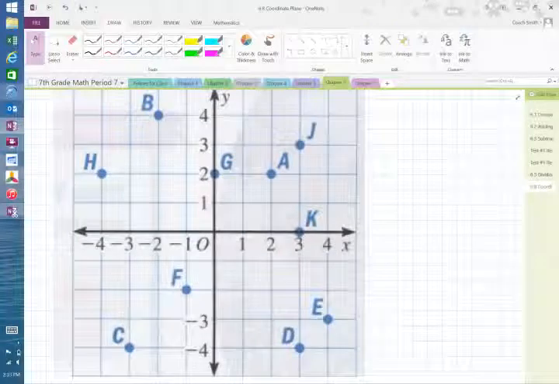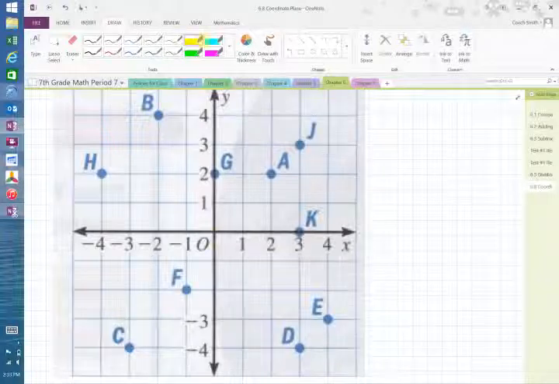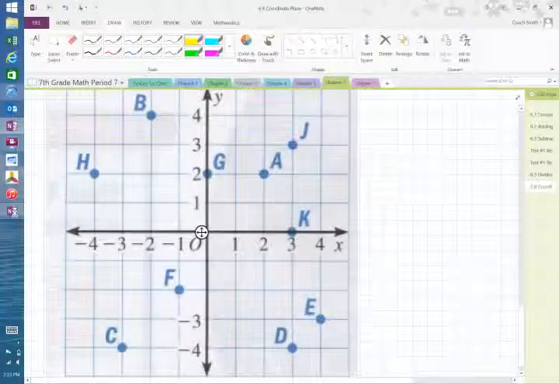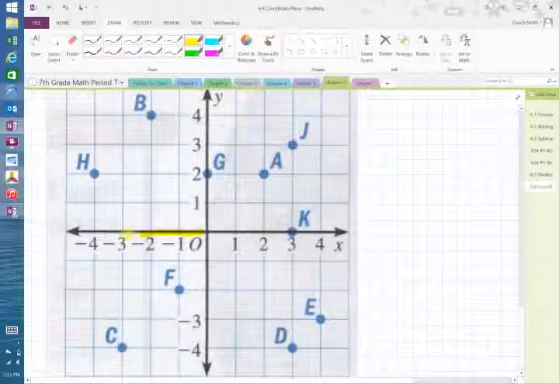Okay, for problem number 2, it says plot the point and describe the location. So -3 and 3. Okay, so -3 would be here, and then 3 we would go up 1, 2, 3.